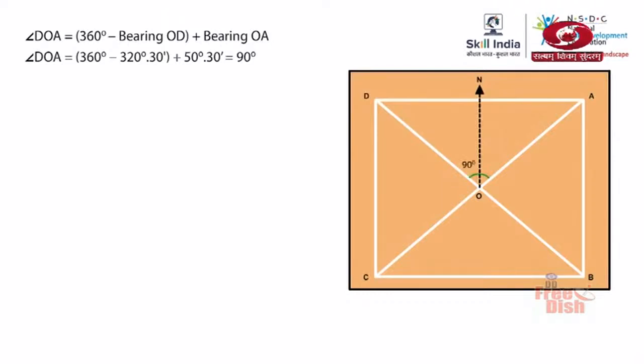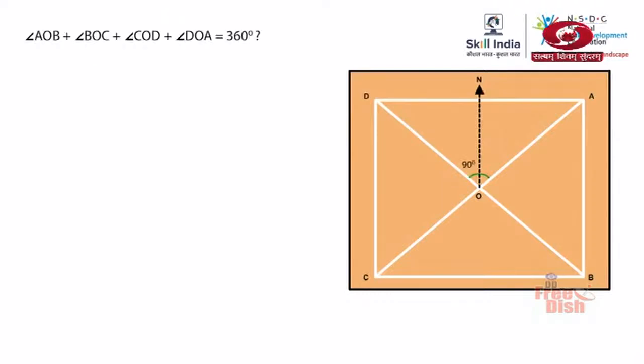equal to 90 degrees. To check whether the angles calculated from the bearings are correct, you must add them up and see whether they add up to 360. So let us add angle AOB, angle BOC, angle COD and angle DOA.